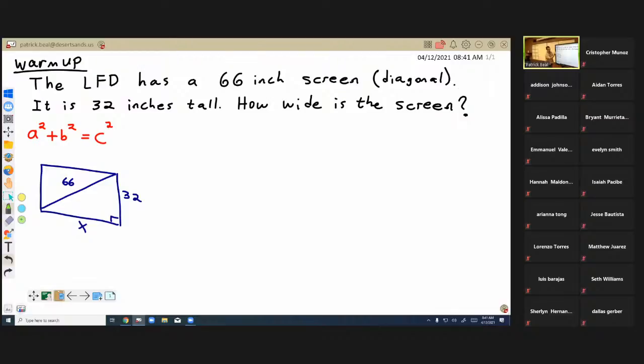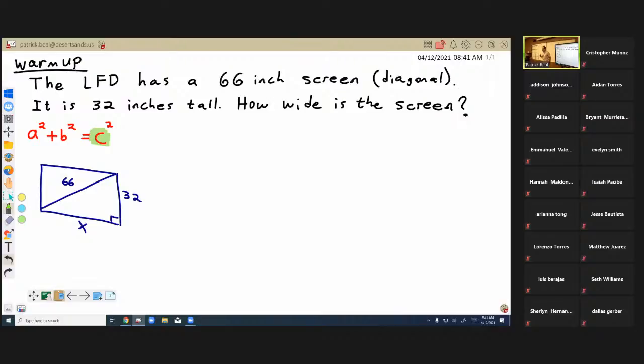So we want C. I want my highlighter to be bigger than that. Let's see here. That's better. Okay, we want C to be the hypotenuse, the longest side of the triangle. And which side is that? We have three sides. We've got X, 32, and 66.